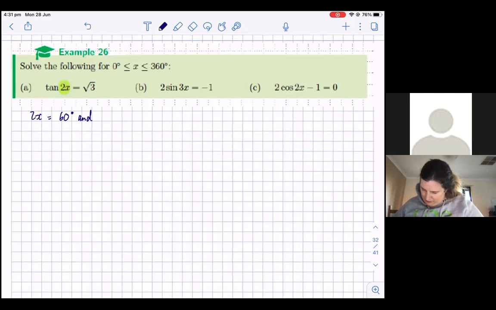And let's add 360 onto that. 420 degrees. Which means x, we're going to halve that. We've got 30 degrees. And wait, why did I bother doing that? 2x equals 60 degrees.